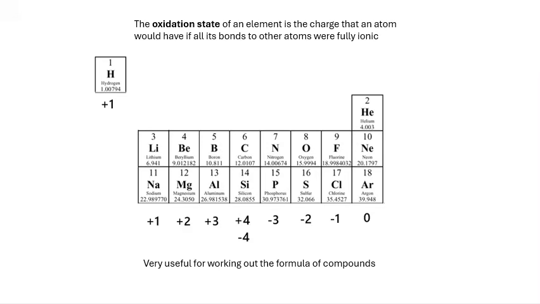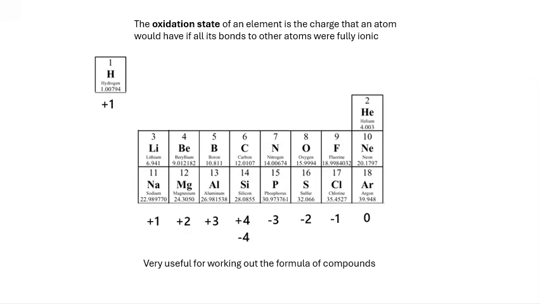It's a bit long-winded, but basically we know that sodium becomes Na+, so it has an oxidation state of +1. Magnesium becomes Mg2+ because it loses 2 electrons, so its oxidation state is +2. Why it's called oxidation state, we'll see in a bit.